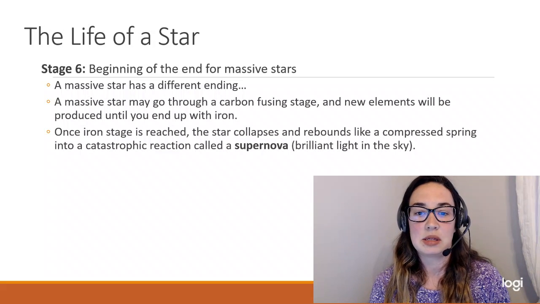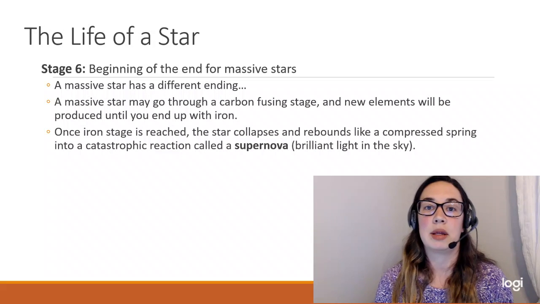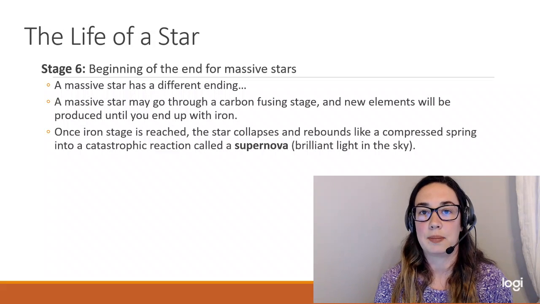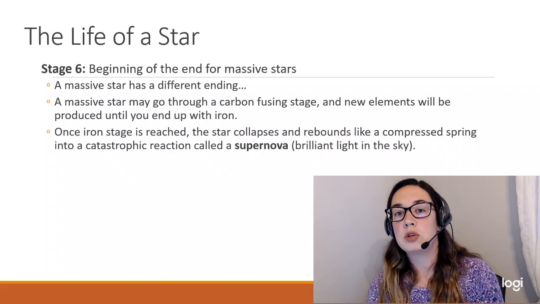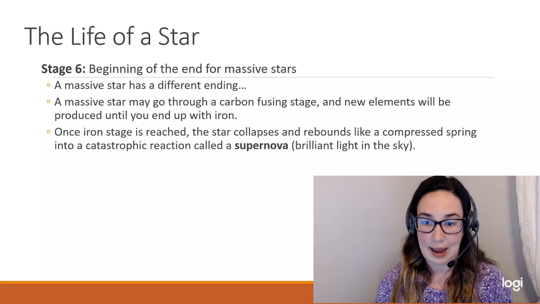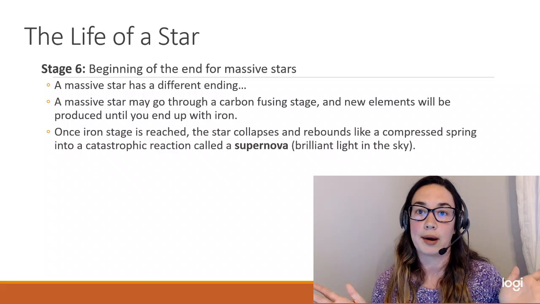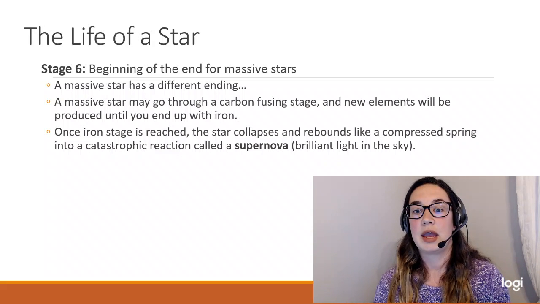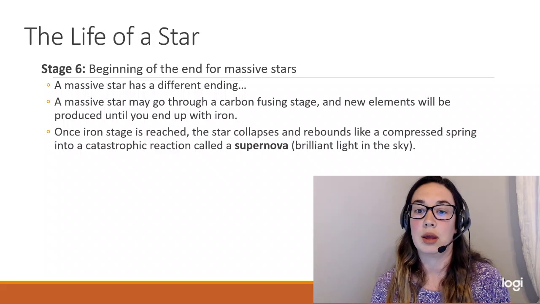What happens in the carbon fusing stage is new elements will be produced until you end up with iron at the very end. And once you end up with iron, the star is basically collapsing and then rebounding, kind of like a slinky or a compressed spring, into a catastrophic reaction, which we call a supernova.